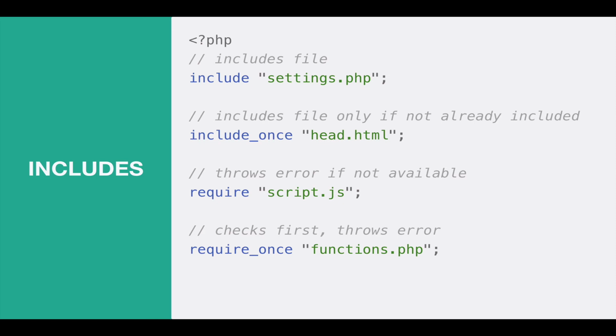If the file doesn't exist, it will throw an error and halt. So that's the difference between the two. The one you should probably use most often is require or require_once. The only time you'd use include or include_once is if the file is non-essential, it's not crucial that you have it, or it might not always be there, and you do want to continue even if it's not. There are reasons to use it, but most of the time, we'll probably use require.